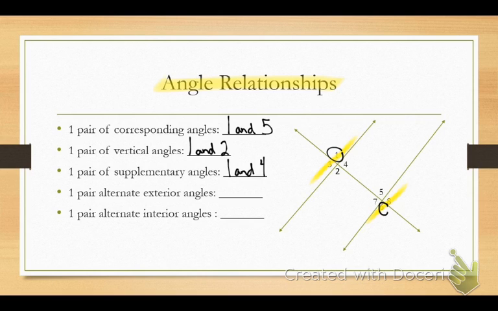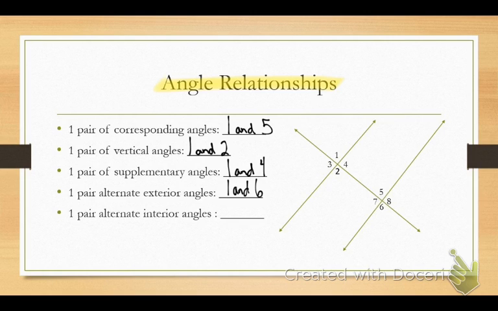So the alternate exterior would be on the bottom part of the transversal on the other side of the parallel lines. They're not vertical. Alternate exterior. 1 and 6. They're on the outside and they're on opposite sides of the transversal. Okay? So we're going to say 1 and 6.